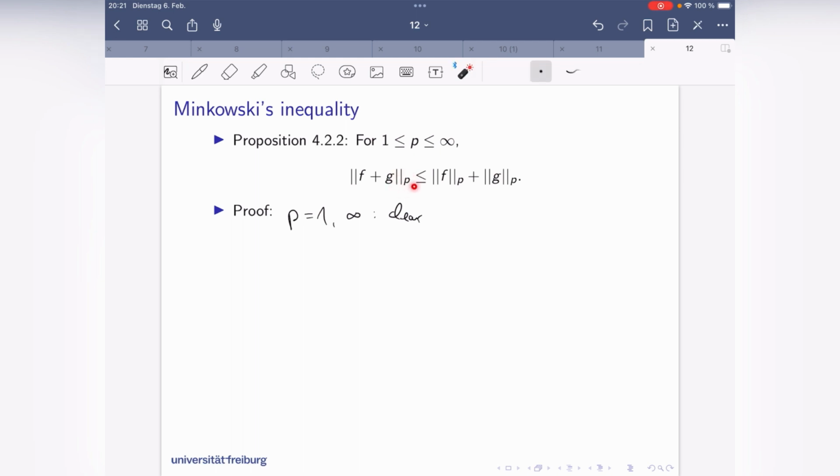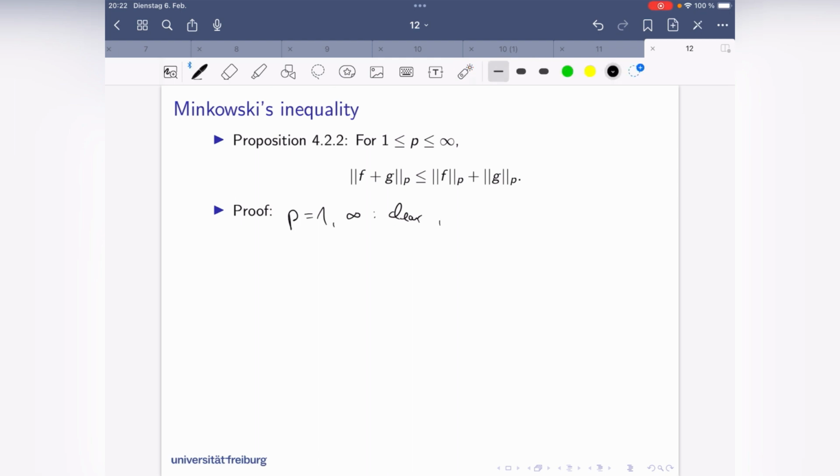So if p equals 1, that's just the usual triangle inequality here, because we have mu of, so integral of absolute value of f plus g is less or equal than absolute value of f plus absolute value of g, and that's just the usual triangle inequality for the absolute value. For infinity, well, basically the supremum of a sum is less or equal than the sum of the suprema. So let's use p is bigger than 1 and smaller than infinity.